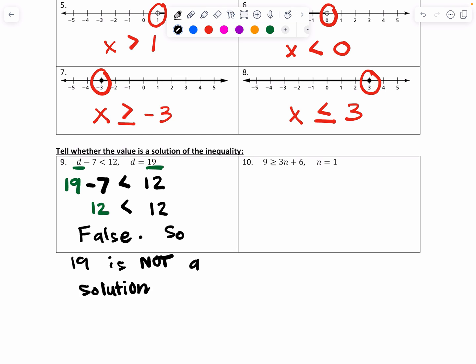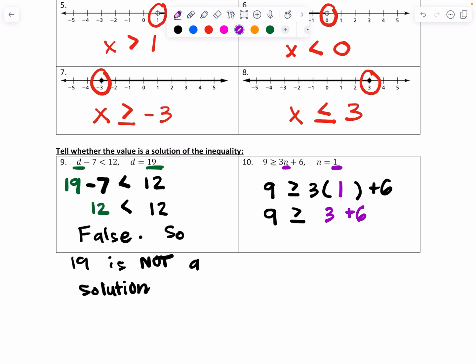Next problem. I'm going to see if I plug 1 in for n right there, do I get a true statement? So 9 is greater than or equal to 3 times n plus 6. I'm going to plug 1 in. So I want to know, is 9 greater than or equal to, let's simplify this right side of my inequality. 3 times 1 is 3.